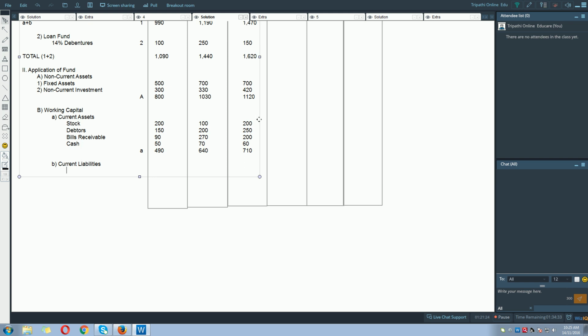Bills receivable 90, 270, 200. Cash 50, 70, 60.